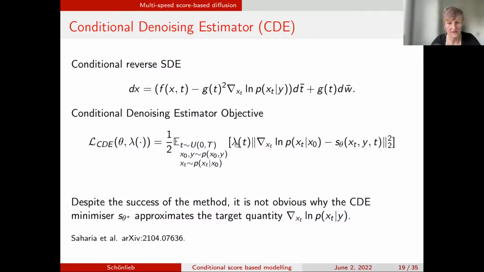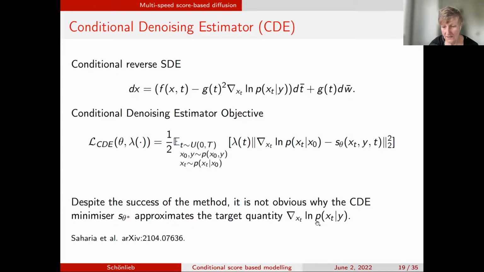Where the condition on y comes in is in how you sample. And at least for us, this was initially quite puzzling. Why should anything like this, S theta trained like this, ever approximate this conditional score? It wasn't at all obvious to us, and maybe this is because of the lack of background in SDEs and so on.